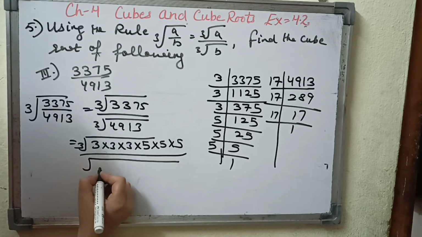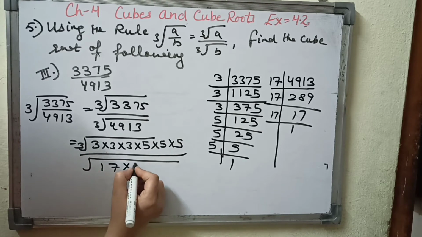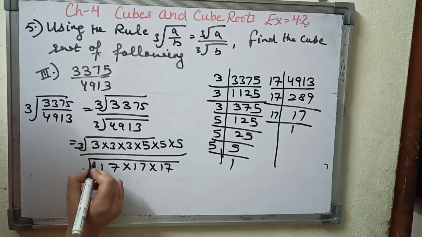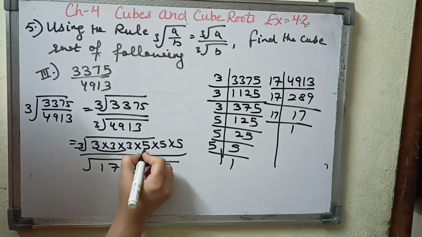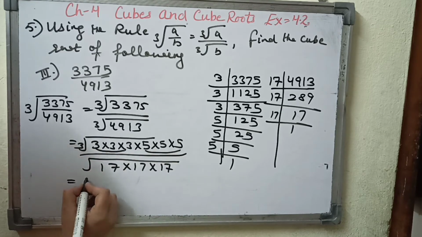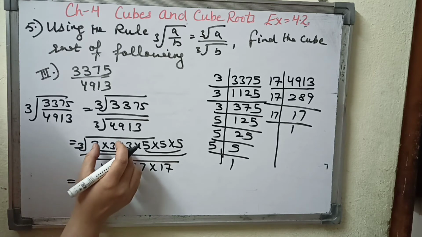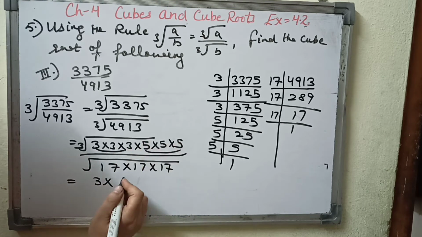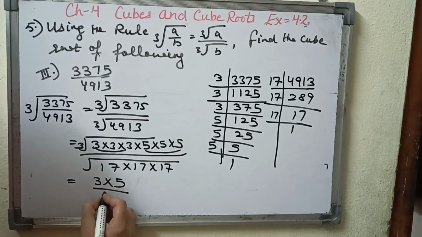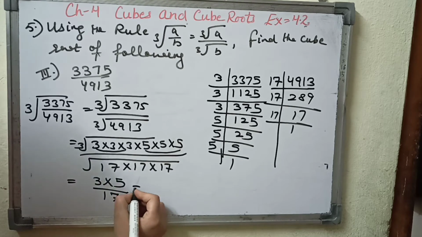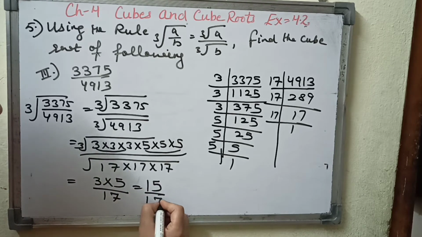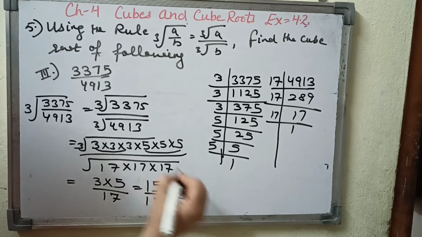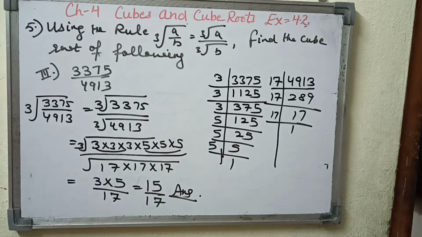Again in the denominator it is 17, 17 and 17. Now make the group of 3 same numbers. Corresponding to each group we write it one time. So together 3 makes 1 three, together 5 makes 1 five and together 17 makes 1 seventeen. And it becomes 3 fives are 15 over 17. And this is your required answer.